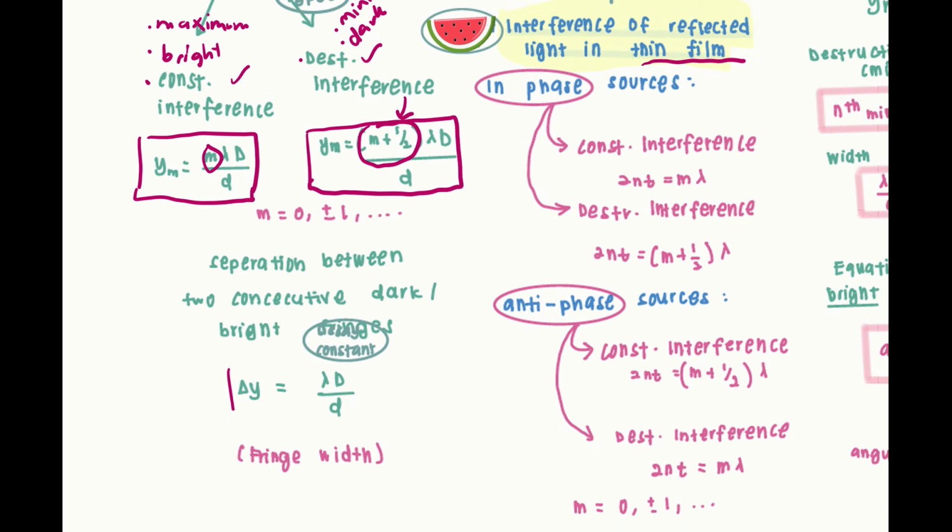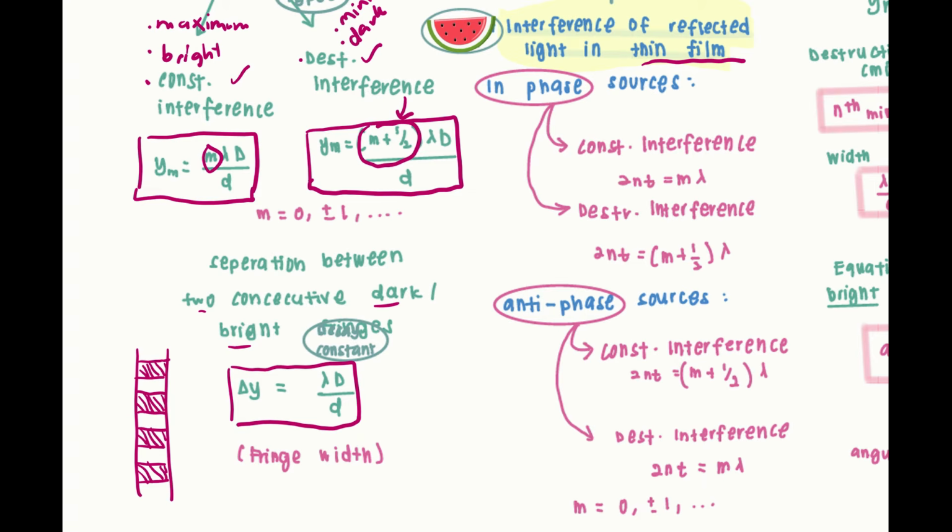We also have another equation, delta y. So delta y here is the separation between 2 consecutive dark or bright fringes. If we refer to the interference pattern produced by Young's double slit interference of light, the width of the bright and dark fringes here is just the same.